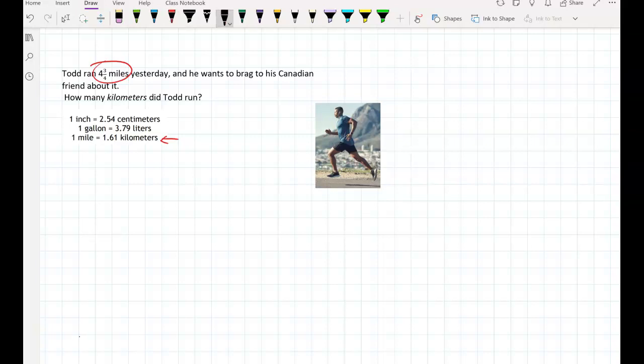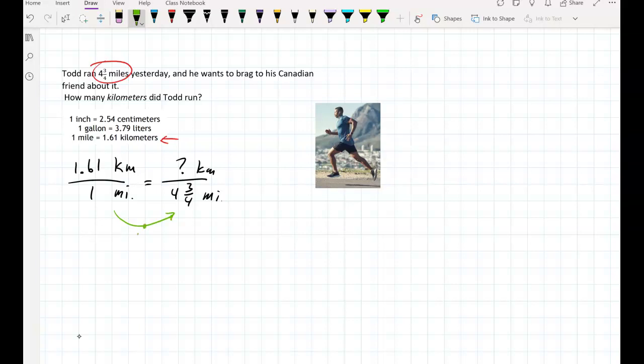So we're going to set up our old friend the proportion again. 1.61 kilometers to 1 mile is equal to, let's see, how many kilometers for 4 3/4 miles? All right, now remember, we have to figure out what do I multiply 1 times to get 4 3/4?